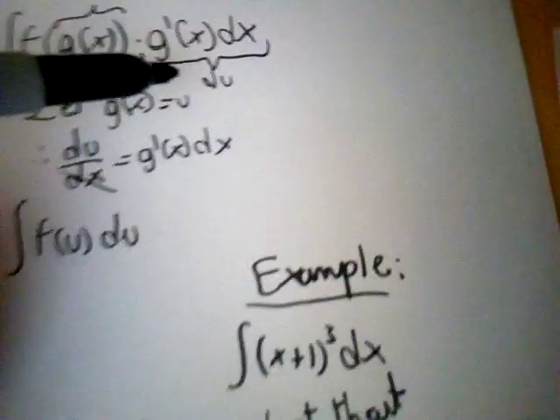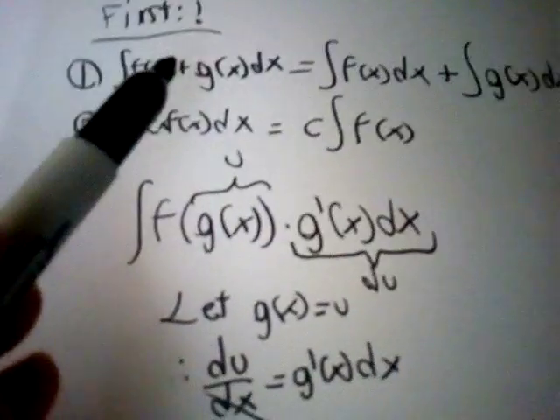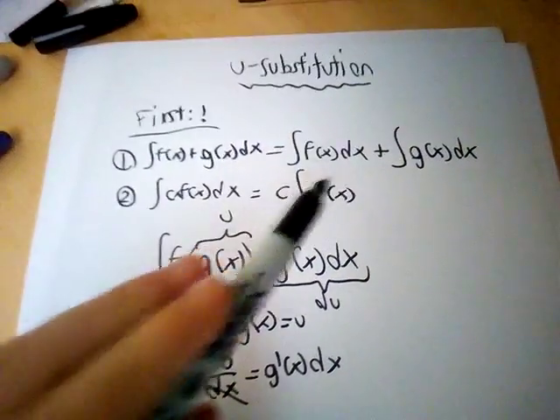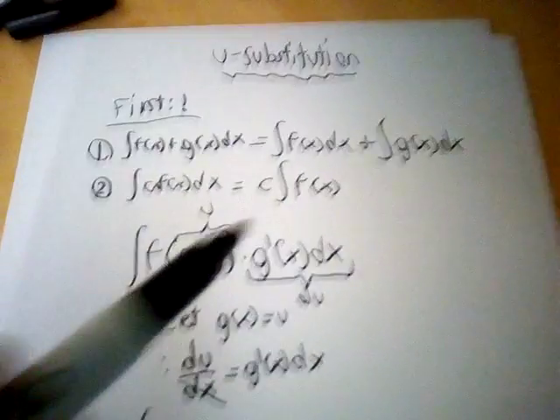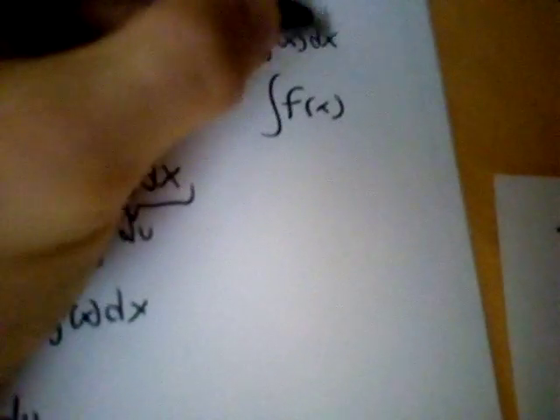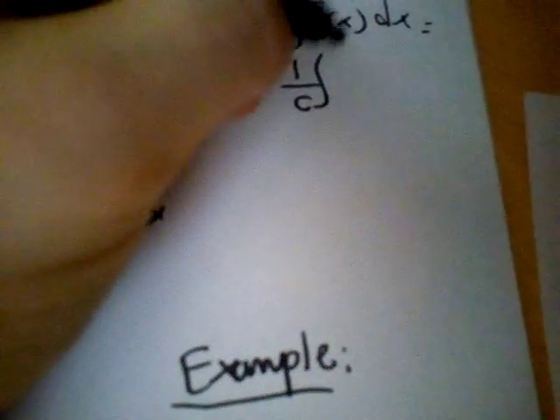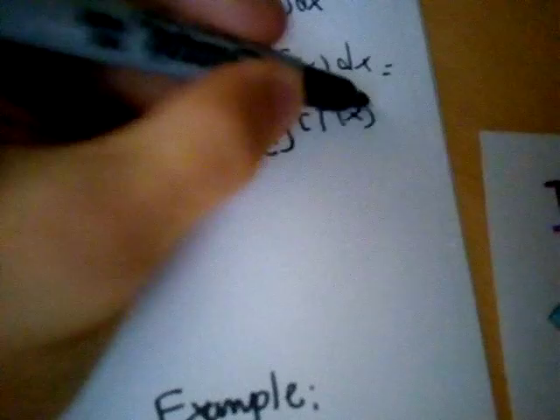So basically just check it's in this form. If it's not, try and get it to be using some of these rules here. So split into individual integrals, or move constants out or move them in. So we could times this. If we have an integral of f of x dx, this is like another rule, we could say that's equal to 1 over c times the integral of c f of x dx.